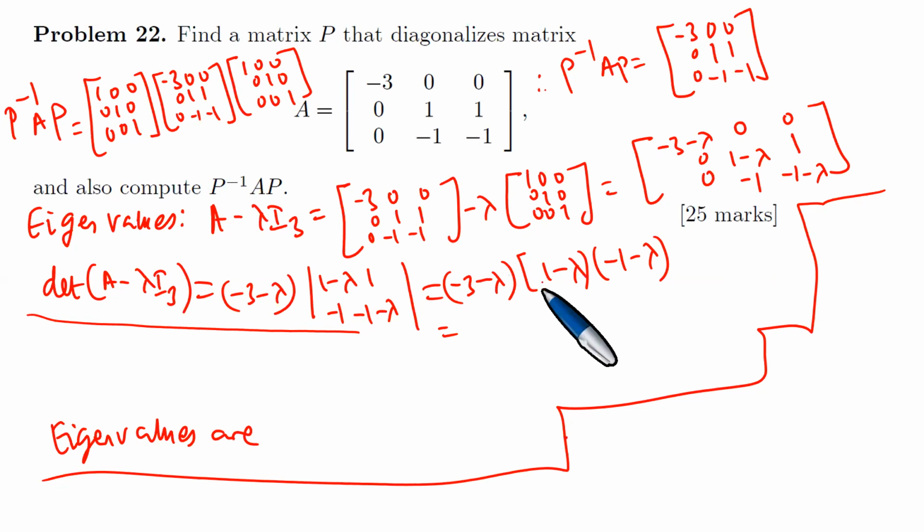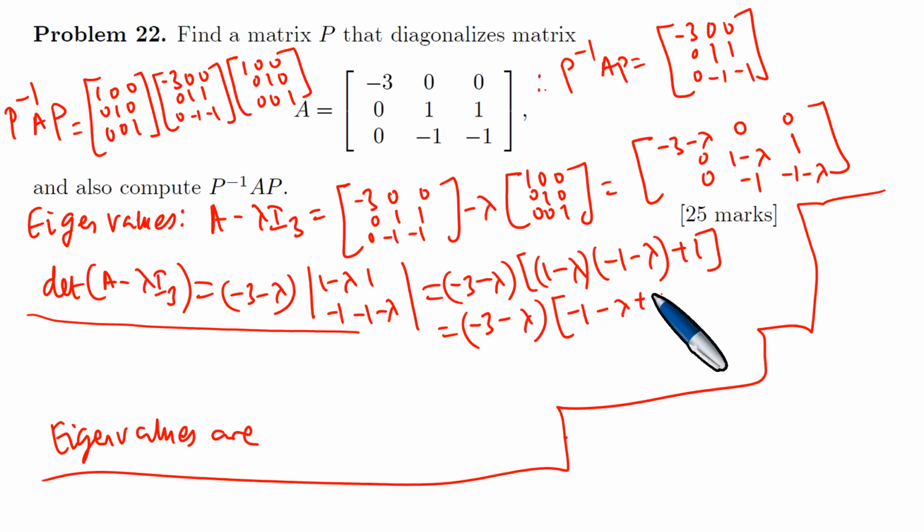So you have this one plus 1. Now it's fine. So you have minus 3 minus lambda. And then you have this one, which is minus 1, minus 1, minus lambda, minus 1, minus lambda plus lambda, minus 1, minus lambda plus lambda plus lambda squared plus 1.